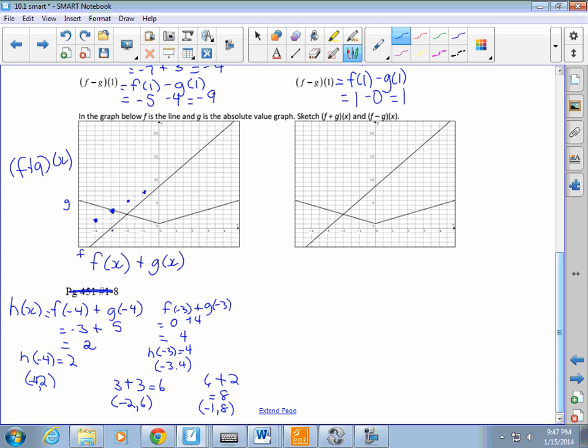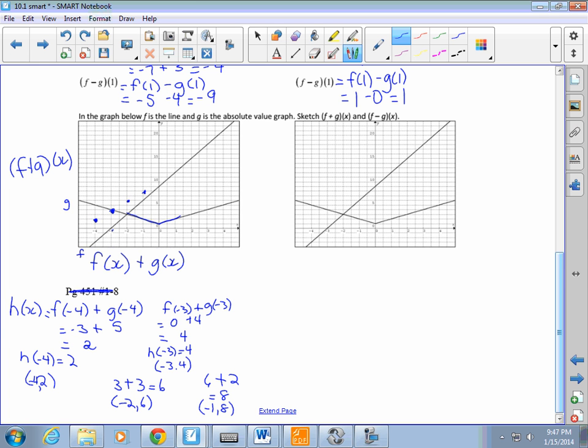Or sorry, this one is 2 above. You just can't tell. This one was 2 above, this one is 1 above. And if you take a look at what that is, it's how far this line is above your x-axis. So it's how far your absolute value graph is above your x-axis.